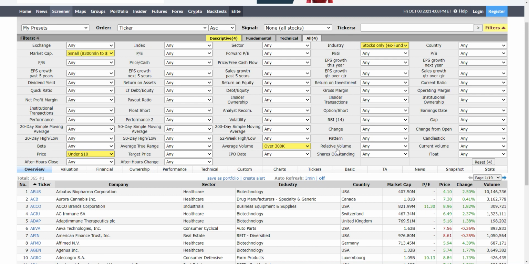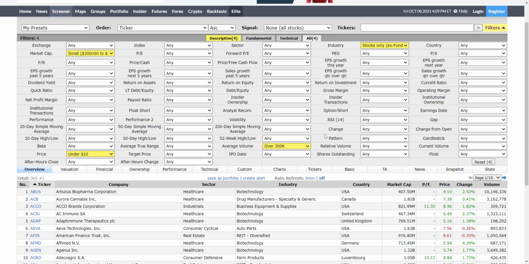After that, we're going to be looking at the relative volume. What does the relative volume mean? If you don't know what R-vol or relative volume means, it's an indicator that tells traders how current trading volume compares to the past trading volume over a given period.